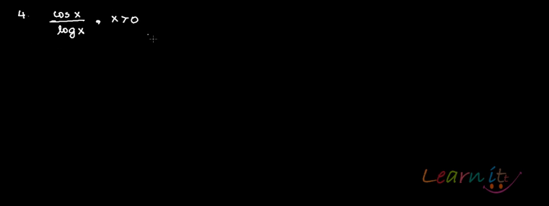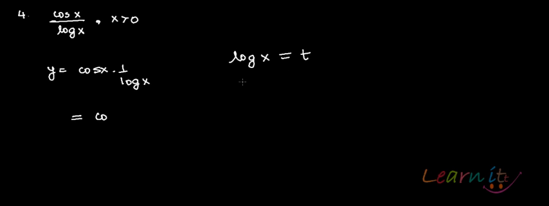Now supposedly if you have this question which is cos x into 1 upon log x, so you have y equals cos x into 1 upon log x. Well, I think you can also solve this using the quotient rule. So you can write log of x as t.